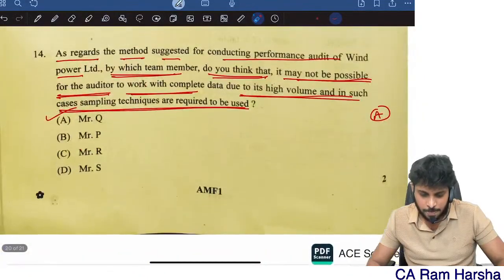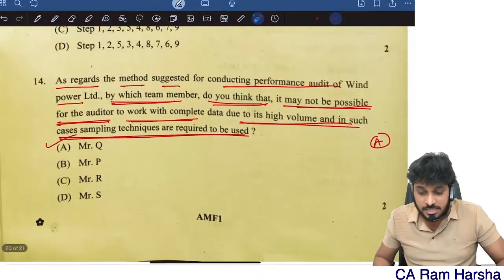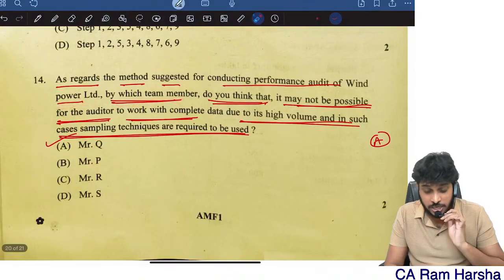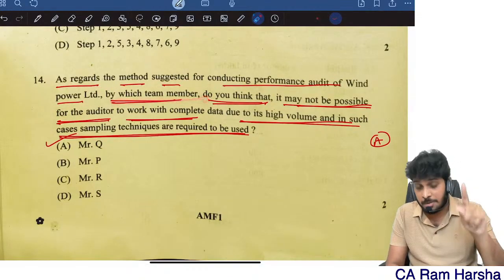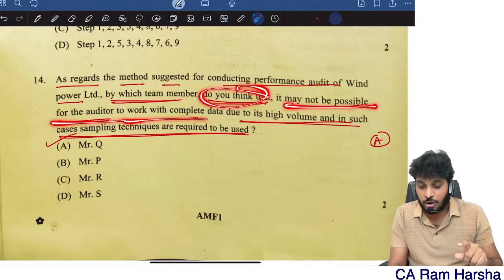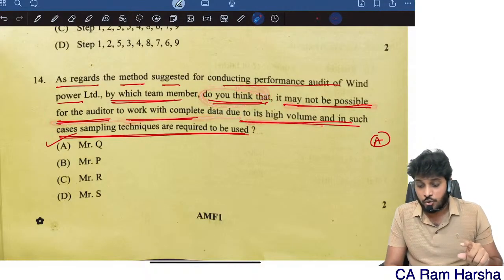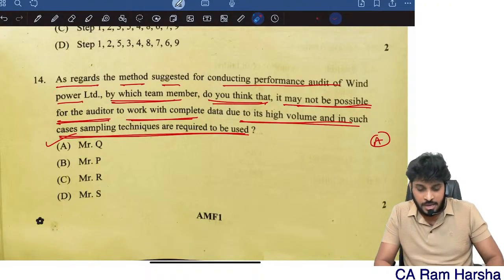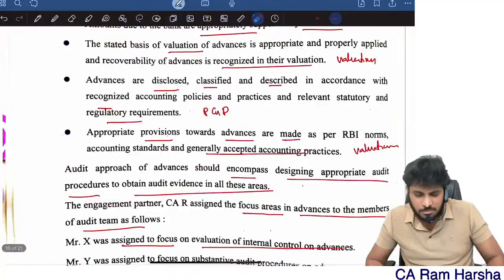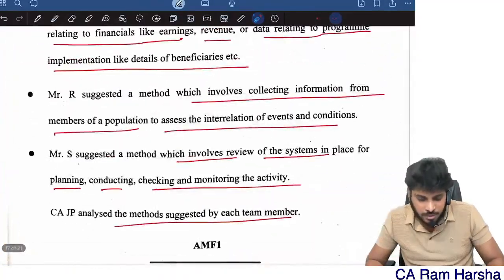Then, regarding the method suggested for conducting performance audit, by which team member do you think it may not be possible for the auditor to work with complete data due to high volume, so that sampling techniques are required to be used? Either Mr. Q, here I'm a little skeptical on this particular paper.